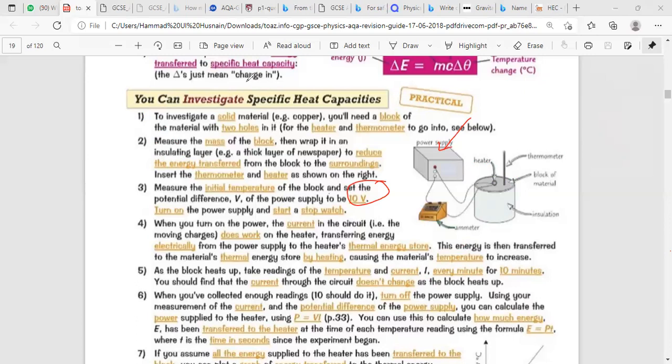When you turn on the power, the current in the circuit, that is moving charges, does work on the heater, transferring energy electrically from the power supply to the heater's thermal store. It's just saying, like, you know the iron which we use to press our clothes? So how does it work?